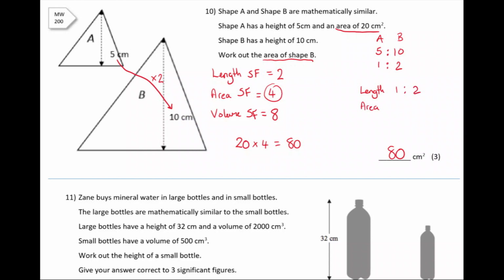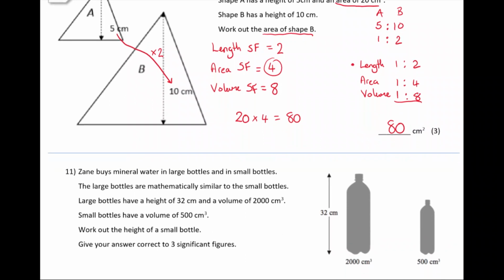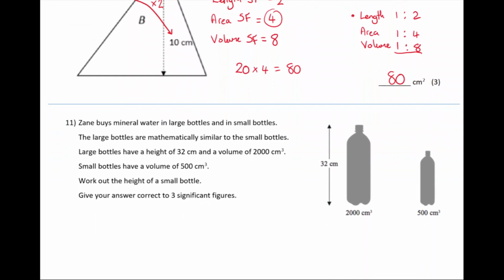For area it will be this ratio that we've just figured out squared, so that would be 1 to 4, and volumes will be this length scale factor cubed, so 1 to 8. Okay, very similar, same method really, but just presented in a slightly different way, and then you would use the ratio to then find the new area. Okay, on to the next one.